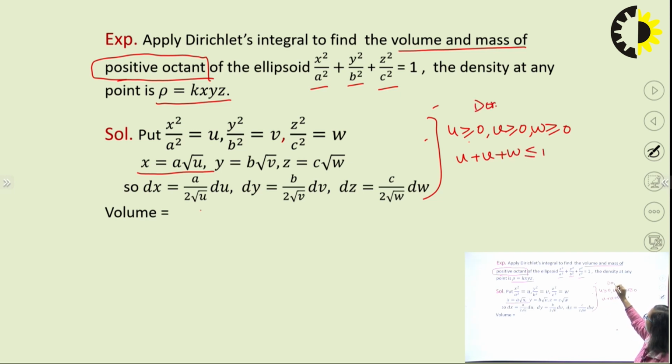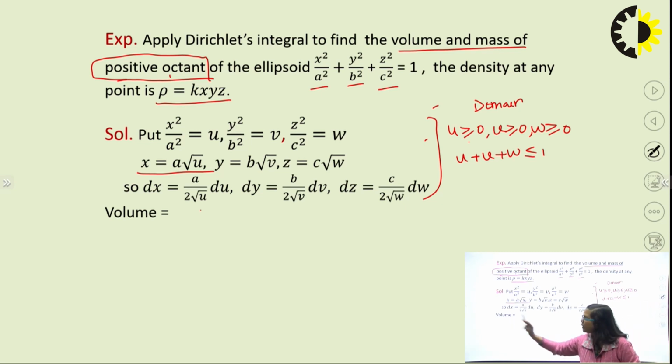This is my domain for these new values u, v, w, because you are already provided that you are working in the positive octant. So if x, y, z are greater than or equal to 0, then obviously u, v, w must also be greater than or equal to 0. And by putting x square equal to u, y square equal to v and z square equal to w, I get u plus v plus w less than or equal to 1. So this is the domain which is satisfied by the Dirichlet integral, so we can apply Dirichlet over here to calculate the volume and mass.